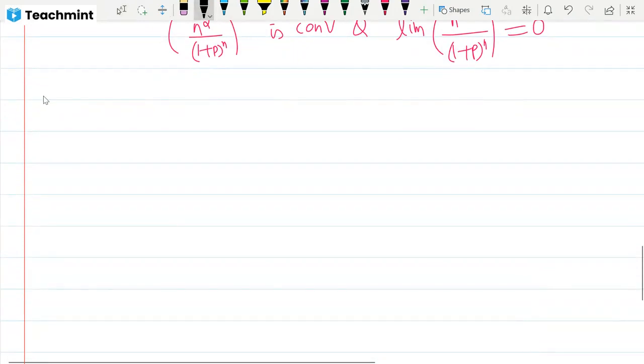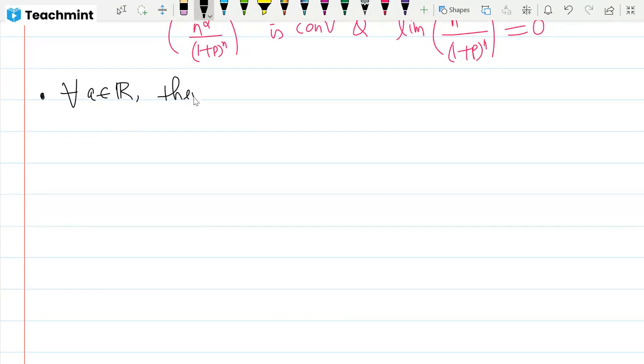One more problem of the same kind. You tell me what is the limit of the sequence a power n over n factorial, for all a belonging to R. I'll write the options also.